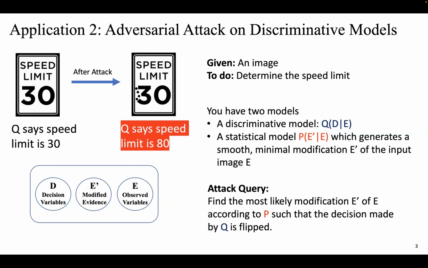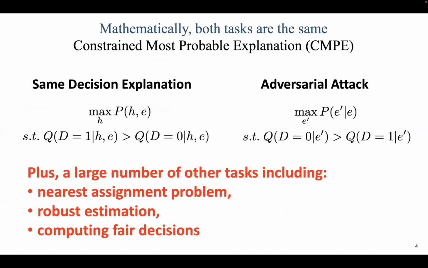We don't want our discriminative models to be prone to such attacks, but before we learn discriminative models that are immune to the attacks, we have to figure out how to attack the discriminative model. So this is the inference problem that we are trying to solve in this work. What I've presented so far are two interesting applications: same decision explanation, which is generating explanations that match your decisions, and this adversarial attack problem.